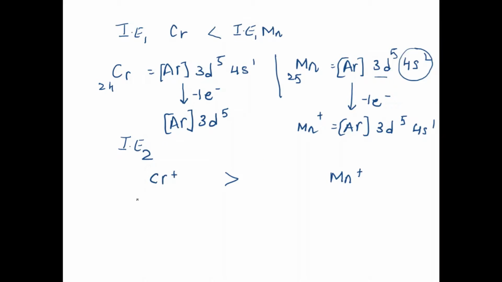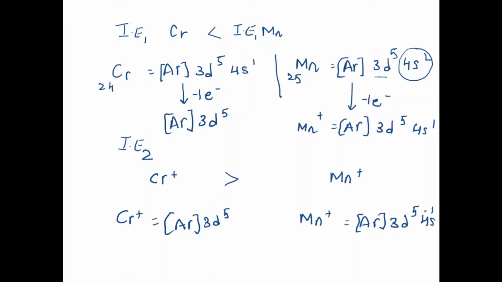Why? Because now the chromium ion has the configuration argon 3d5 and the manganese ion has the configuration argon 3d5 4s1. So this one 4s electron can be removed easily as compared to the 3d5 electron, because the chromium ion is now half filled, with extra stability. If one electron is removed, it will change to 3d4.